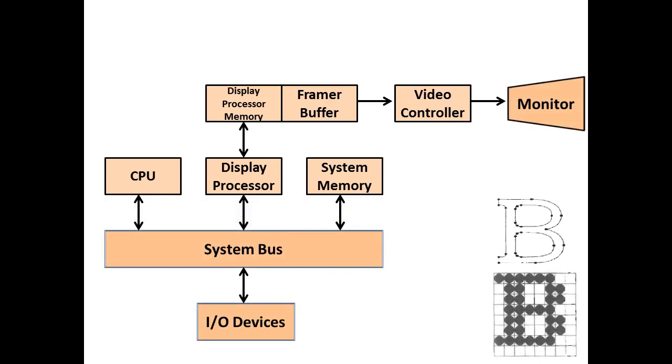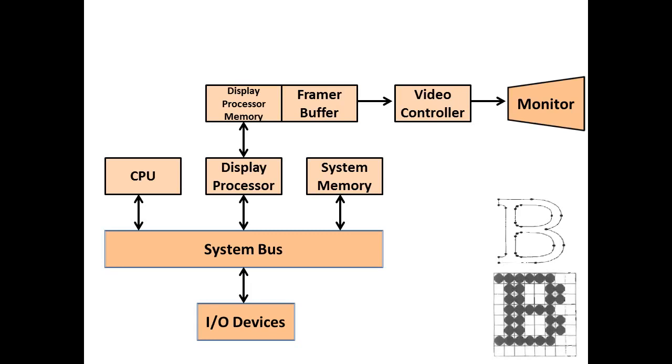Next, raster scan display processor. A raster system containing a separate display processor is sometimes referred to as a graphics controller or a display coprocessor. The purpose of the display processor is to free the CPU from the graphics work.